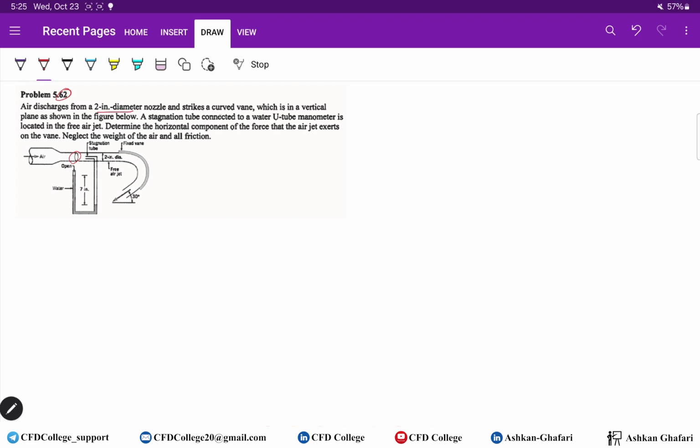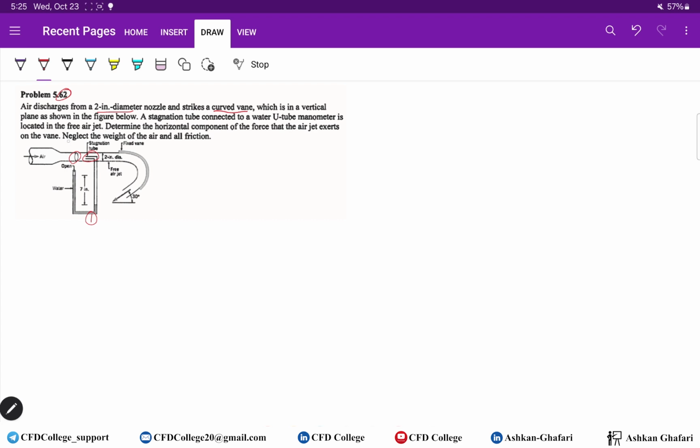And it strikes a curved vane. This is the vane, which is in a vertical plane, as shown in the figure. A stagnation tube here, this tube, is connected to a water U-tube manometer. So this is the stagnation tube connected to the water U-tube manometer.